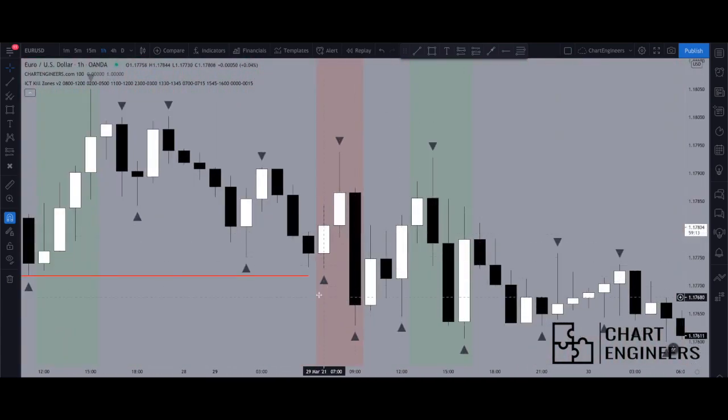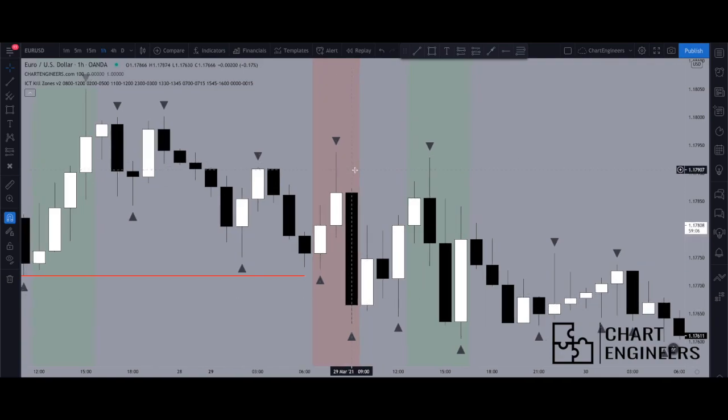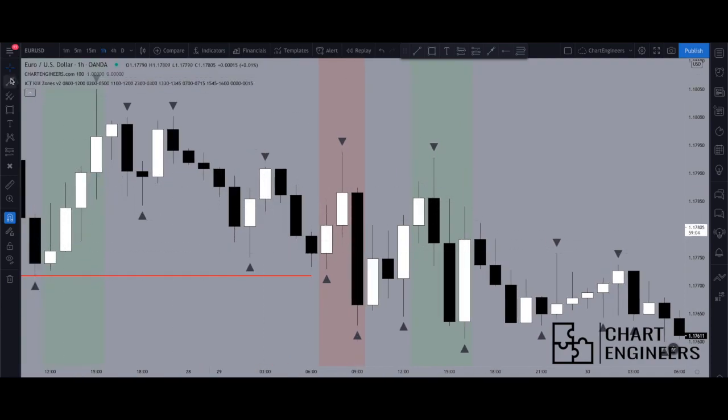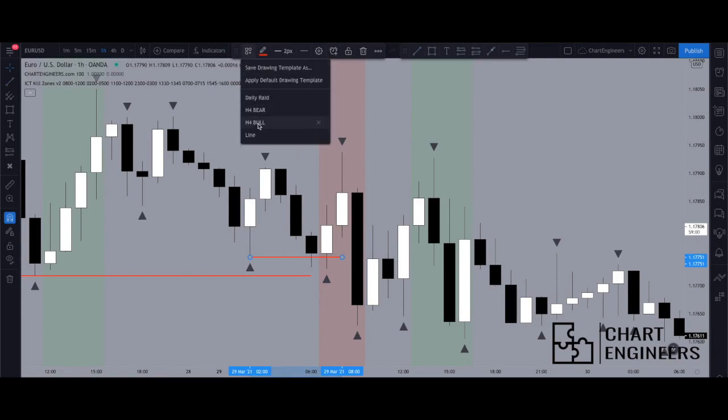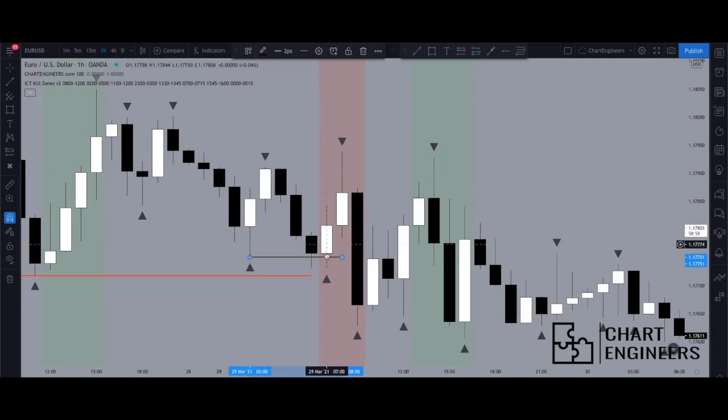and we see that London Open starts here at 7 AM and closes at 10 AM. So first we can see that we actually had a H1 raid over here, and then we get another one over here.